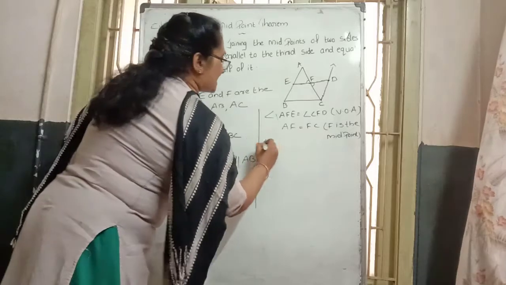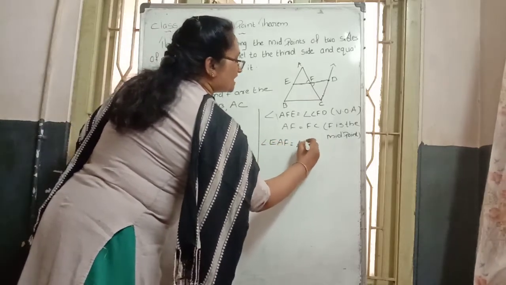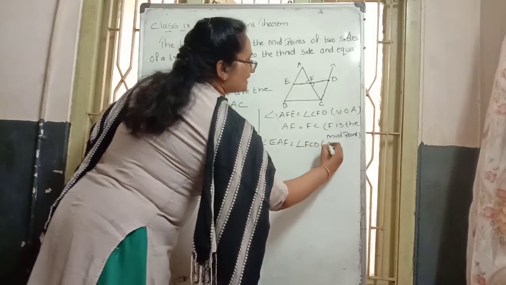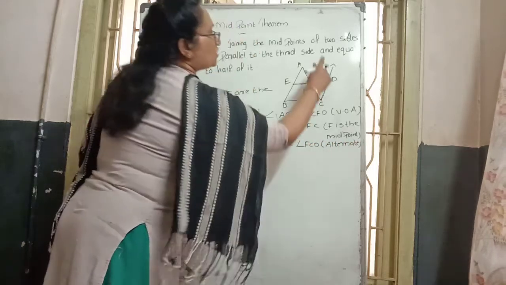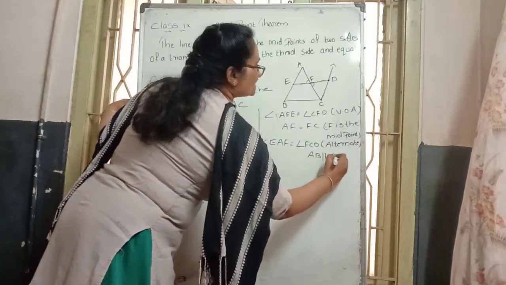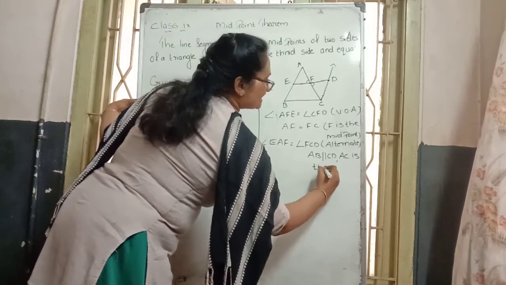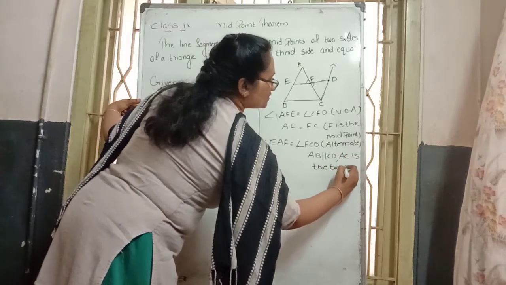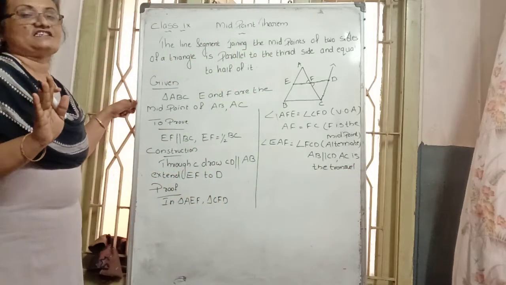So we write angle EAF is equal to angle FCD, reason: alternate interior angles. AB is parallel to CD and AC is the transversal. So three conditions are satisfied.